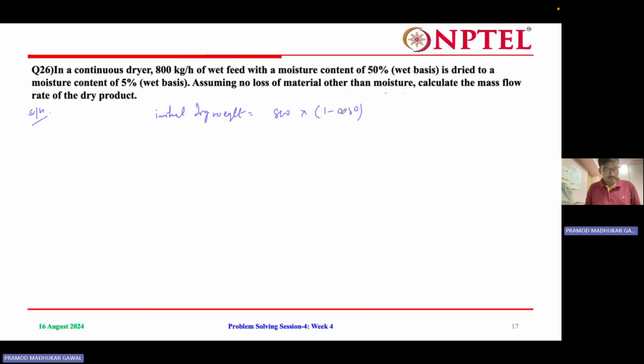This is for the drying material. It's 400 kg. Here you mentioned that there is no loss of material other than the moisture. So the mass flow rate of the dry product will be the same. It's 400.